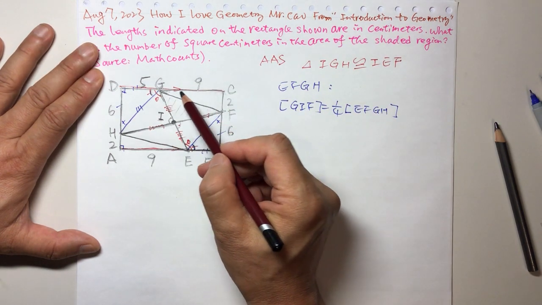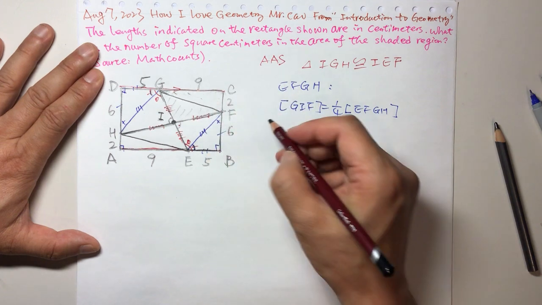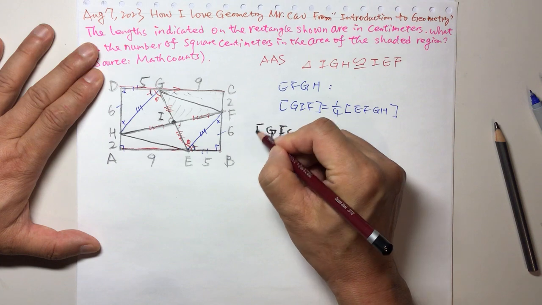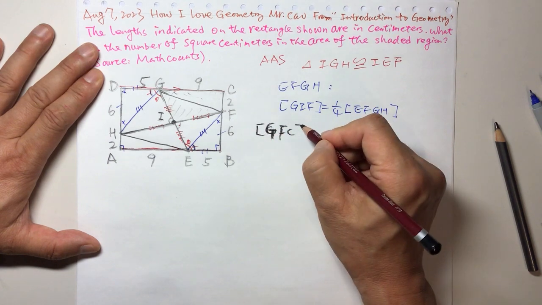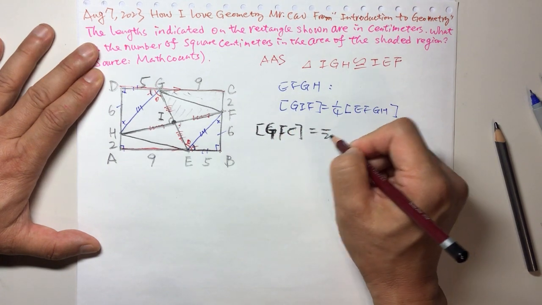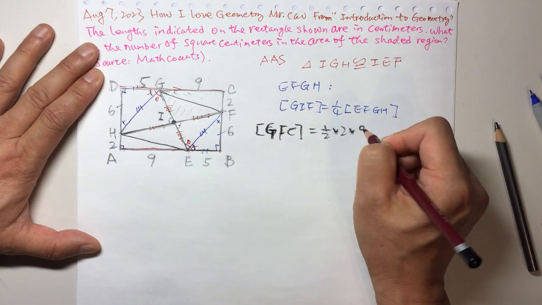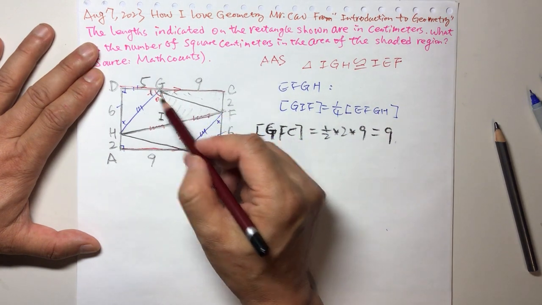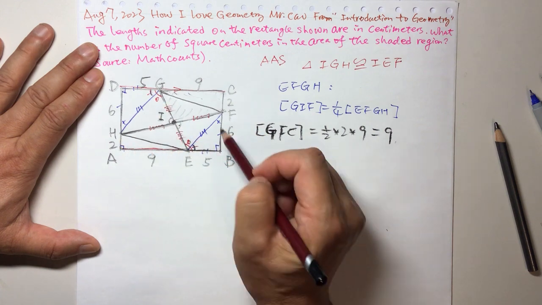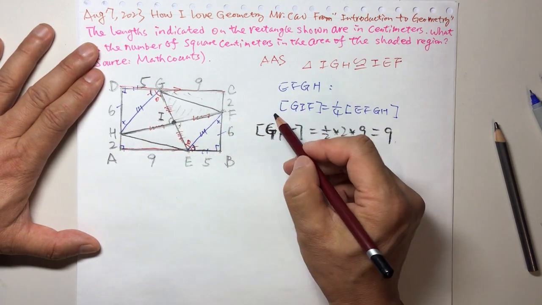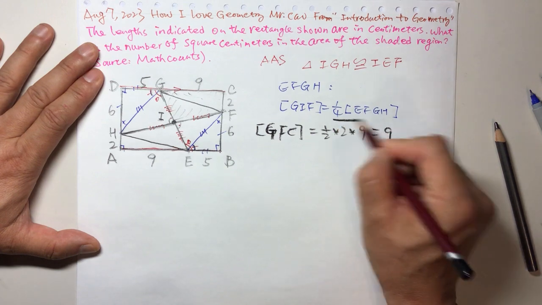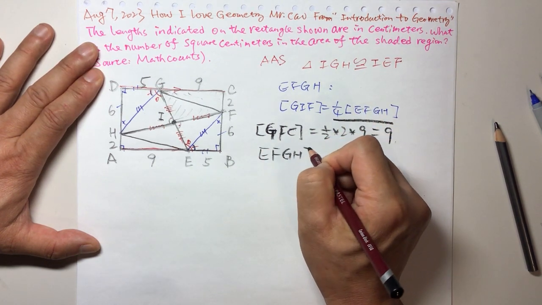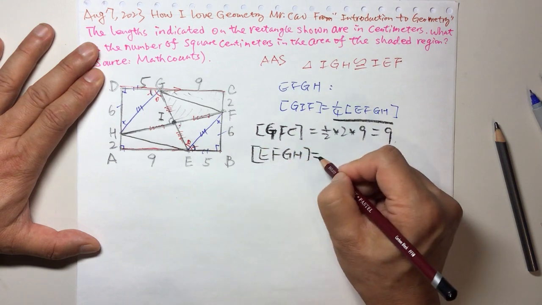We just find the area for this part. So the area for GFC equals 1/2 times 2 times 9, so equals 9. And this is 1/4 of this parallelogram. So we just find the area for EFGH. EFGH equals the total area.